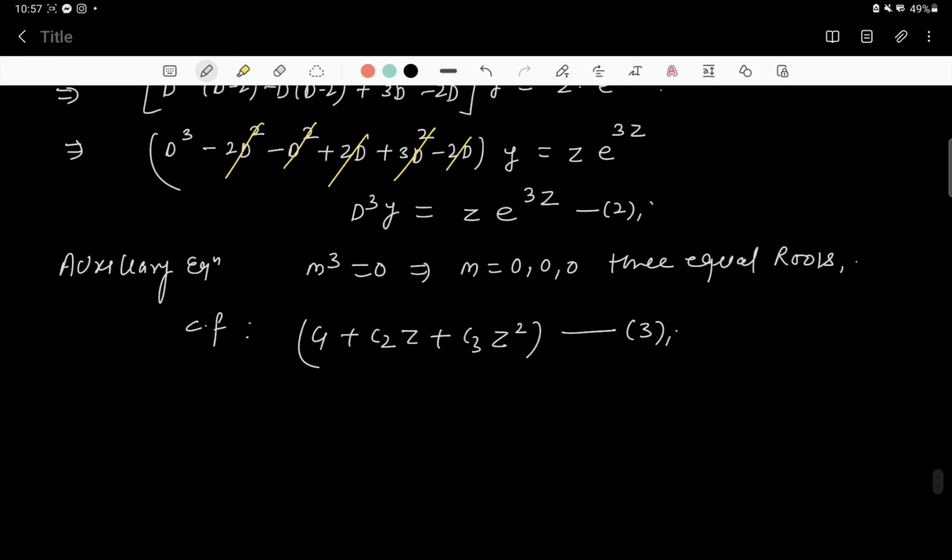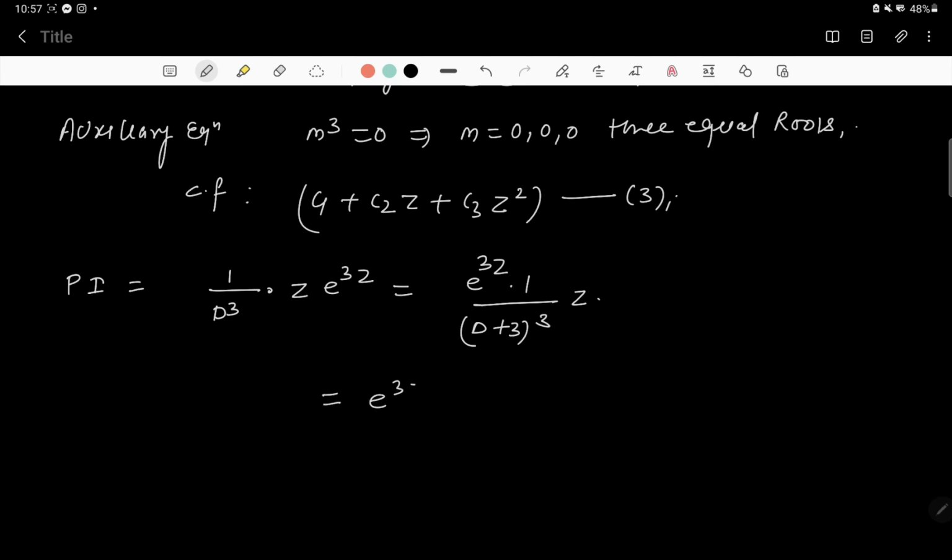So now our aim is to find the PI. So PI will be 1 upon D cube of z exponential 3z. So it will be exponential 3z upon (D plus 3) cube of z.